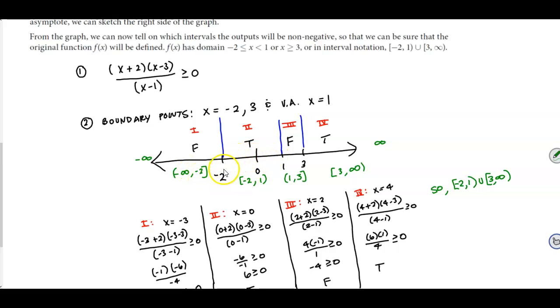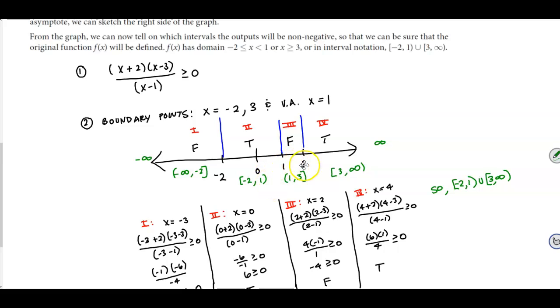The second interval goes from negative 2 to 1. Again, we're still including negative 2 in the numerator, but the value of 1 has to be a parenthesis because it's a vertical asymptote. That means that when you plug 1 in for x, it makes the denominator 0 and undefined. So that's why you have a parenthesis at 1.